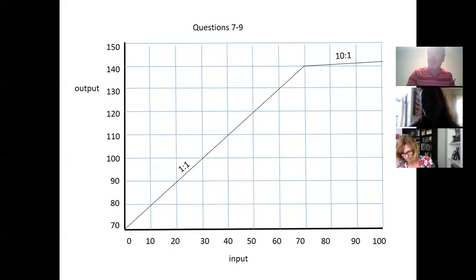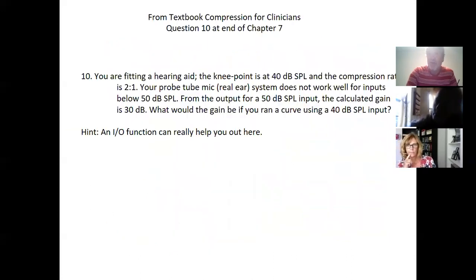This is meant for someone with inner and outer hair cell damage. This is meant for someone with severe hearing loss. Outer hair cell damage gives you moderate hearing loss. When you've got severe 80 decibel sensorineural hearing loss, you've got inner and outer pathology. And so you're going to focus on output limiting compression. That's basically going to be your focus. That's what you want to do.